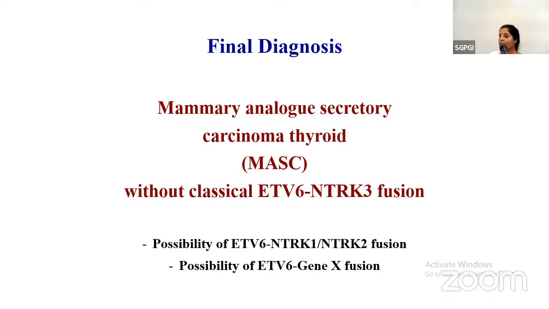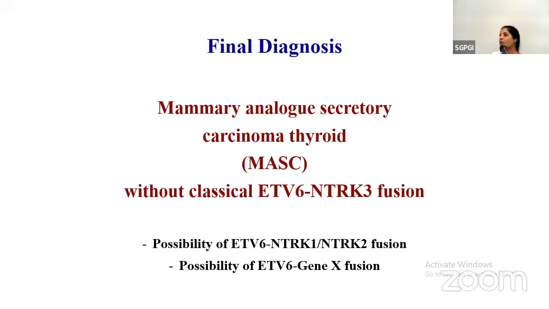But in series, it was documented that it can pair with NTRK1, NTRK2 commonly. And there are few cases reported, 3-4 cases, in which the fusion partner has not been identified, and they are being reported as ETV6 gene X fusion cases.